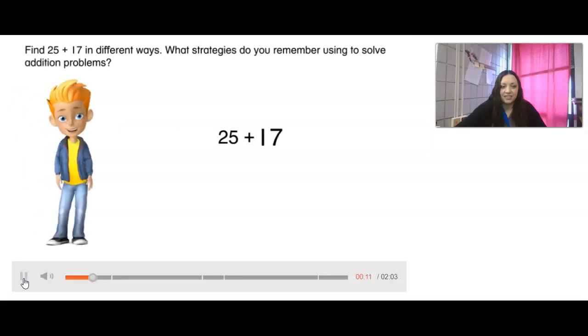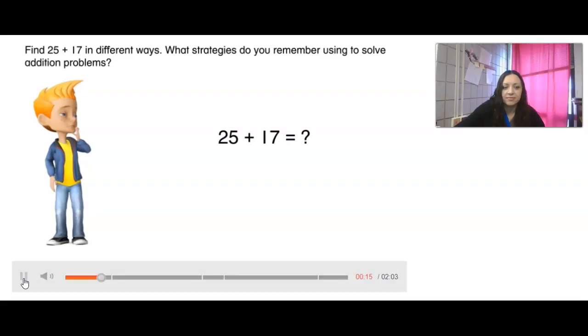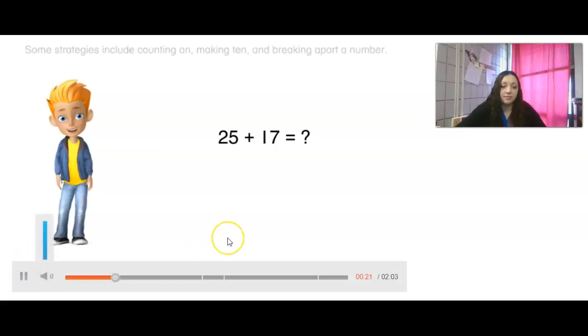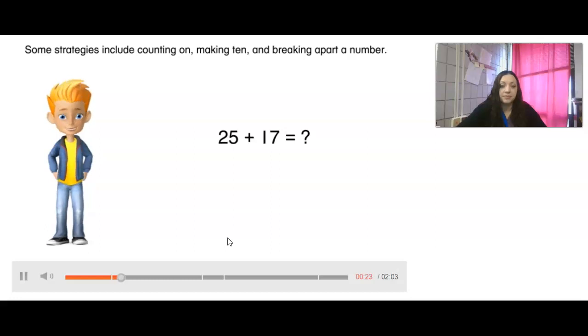Find 25 plus 17 in different ways. What strategies do you remember using to solve addition problems? So we talked about using a number line, and we also talked about drawing and making 10. Some strategies include counting on, making 10, and breaking apart a number.